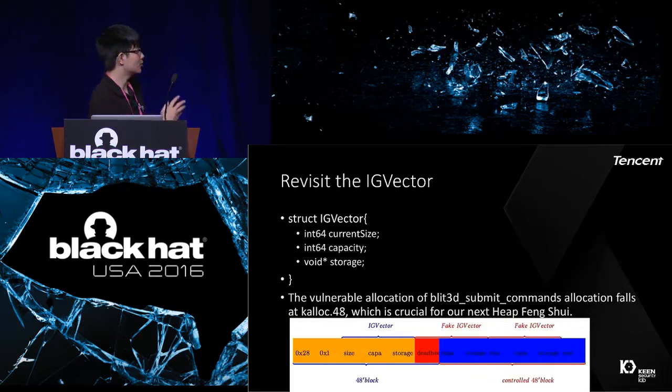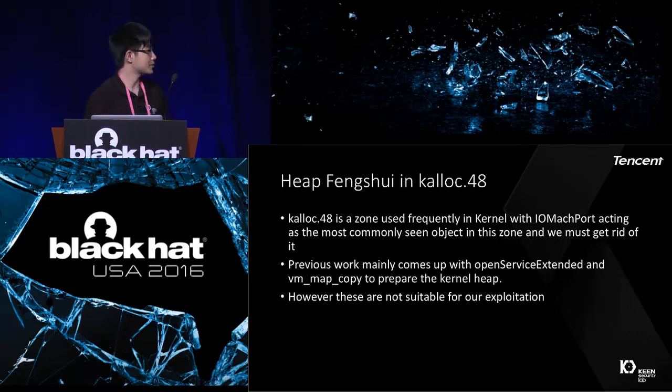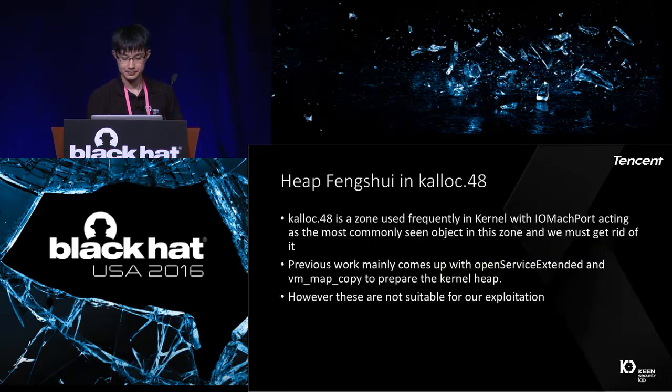So we got an OOB write in this KALLOC 48 zone, and we need to do heap fengshui to ensure that what follows after this benign block is content that we can stabilize and control. Previous methods like VMAP copy and IO open service extended are known methods to prepare the OSX and iOS kernel memory.